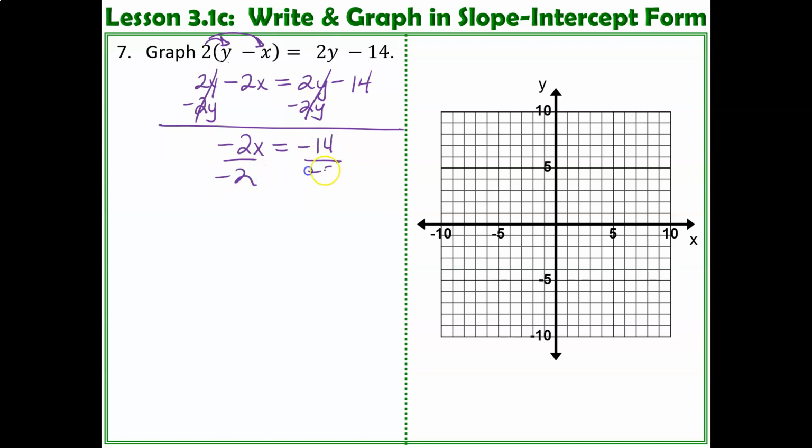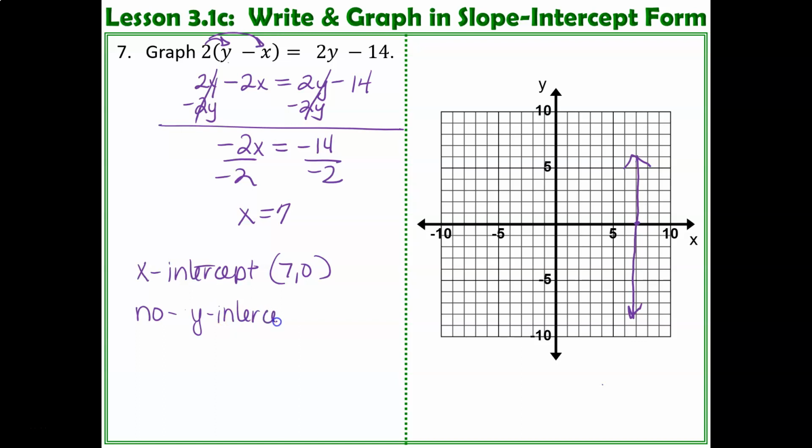I'm going to divide by negative 2, and I have that x alone at positive 7. So I'm going to count over on the x to 7 and make a vertical line this time through it. So I have an x-intercept of 7 or 7, 0, and no y-intercept because it never touches the y-axis. And that is all I have for you today.